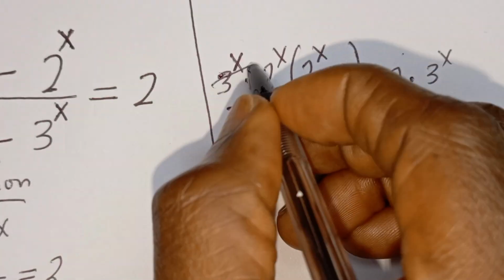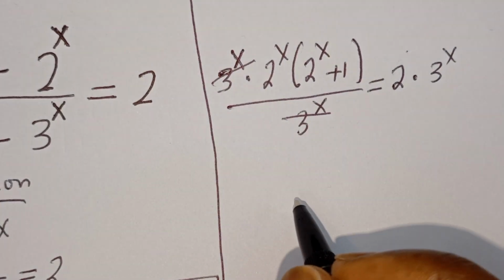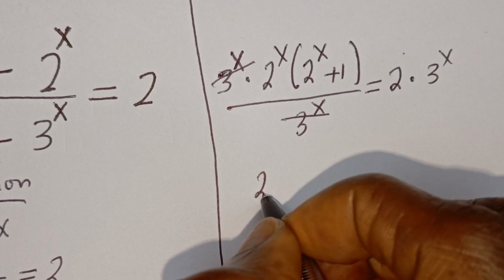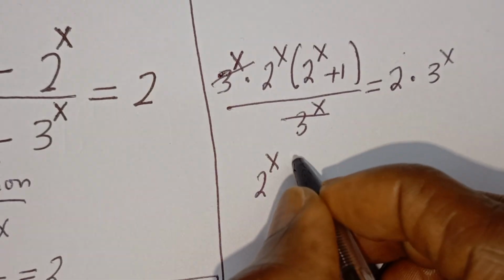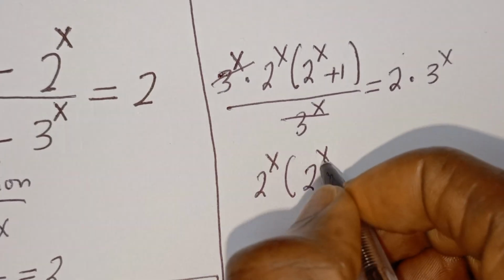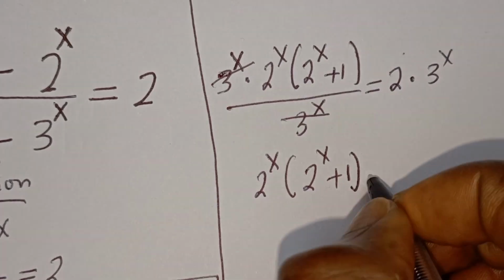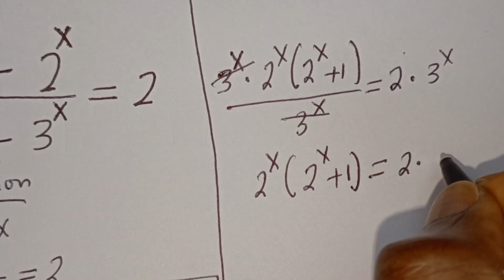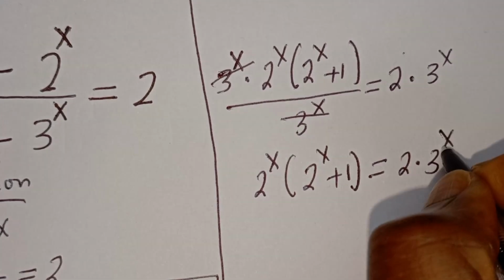Then this, we cancel this. Now we have 2^x bracket 2^x plus 1 is equal to 2 multiplied by 3^x.